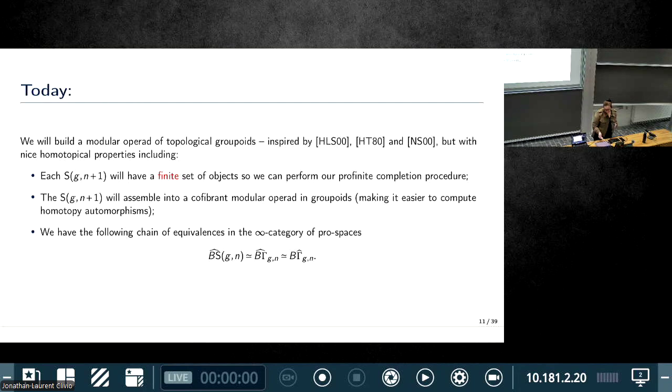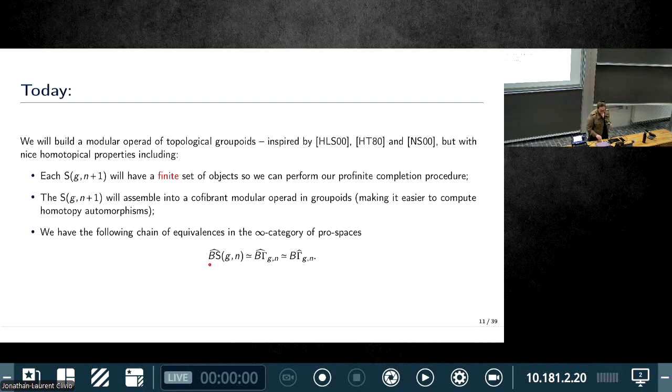Okay? So I can't have this infinite number of vertices in my complexes. And I really want it to be nice homotopically. So I want a cofibrant modular operad of groupoids, so that when I compute homotopy automorphisms, it's not so bad. And I also want it to be geometrically meaningful, so we wanted to have the following chain of equivalences in the infinity category of pro-spaces.